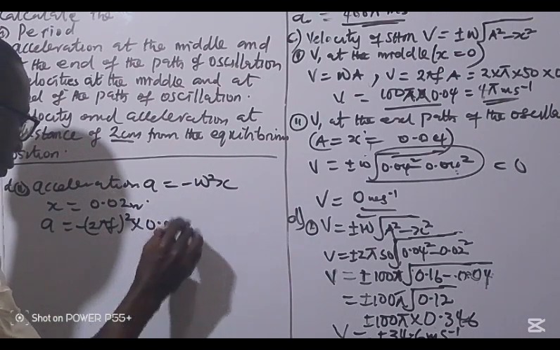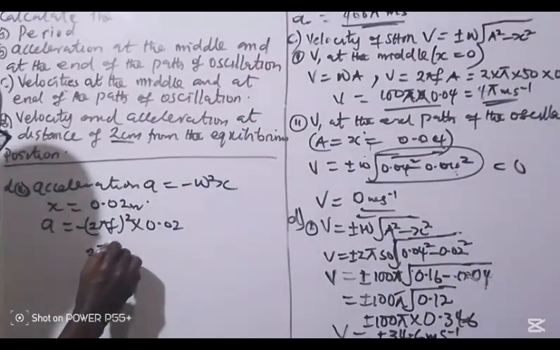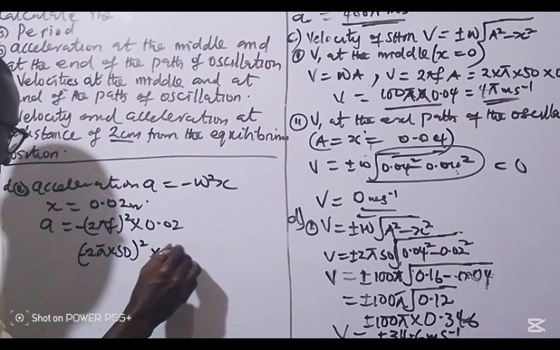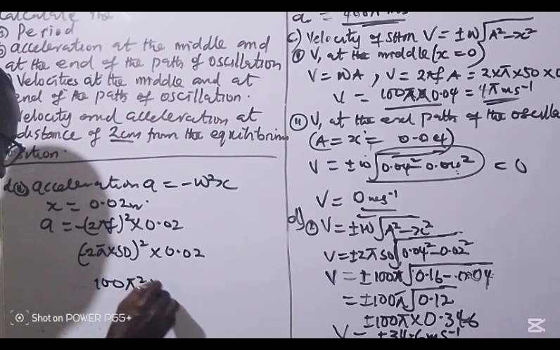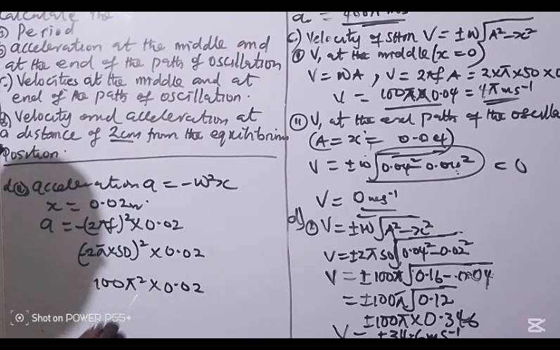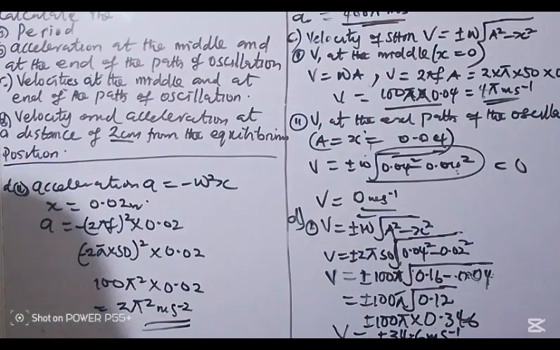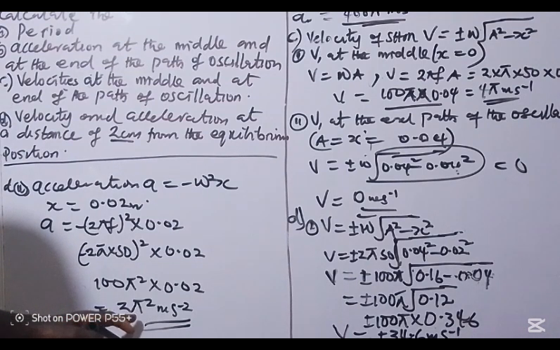So this will be 2 pi multiplied by 50 all squared multiplied by 0.02. This will now give us 100 pi square multiplied by 0.02, and A will give us 2 pi square meter per second square. The question we've answered from A to D now. And the final answer for this one is A equal to 2 pi square meter per second square.